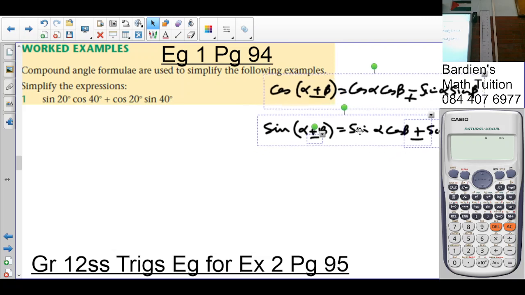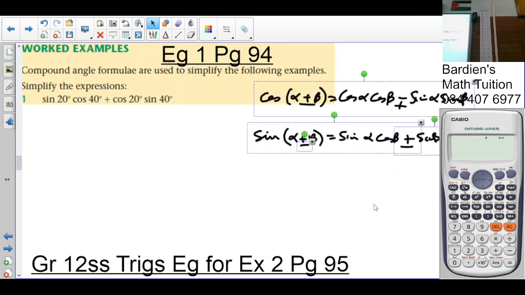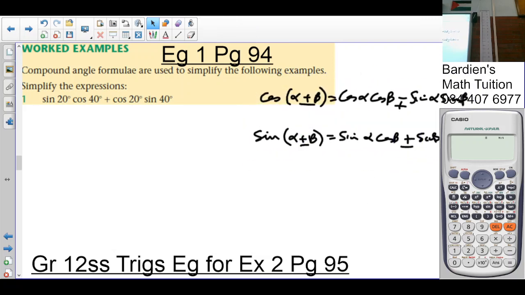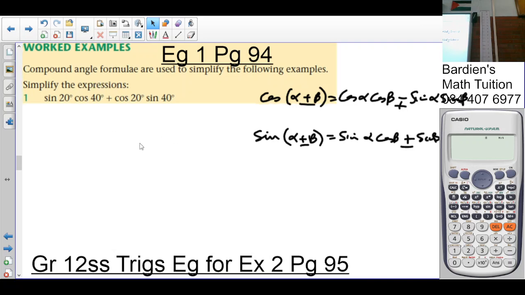So with that in mind, we are told on page 95, the question says the compound angle formulas are used to simplify the following examples. Simplify the expression.